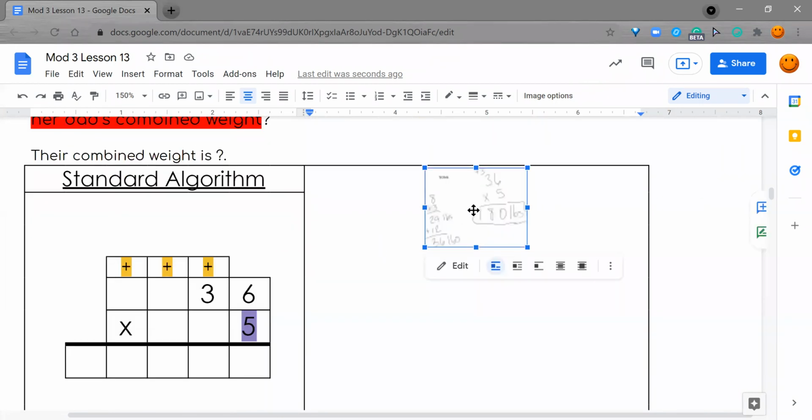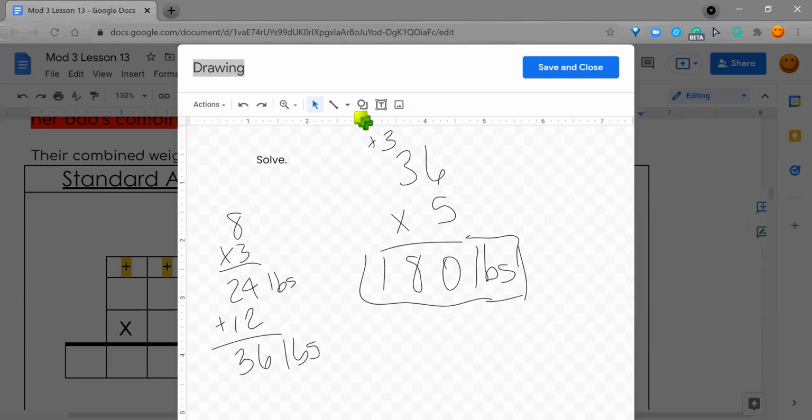So I'm going to jump into my scribble again. I'm going to click scribble. So now I'm going to take the 180 and I need to add 36. So I'm making sure that my columns are nice and lined up. My ones are my ones, my tens are my tens, and so forth. So I'm going to go 0 plus 6, which is 6. 8 plus 3, which is 11. So 11 is written as 1, 1.